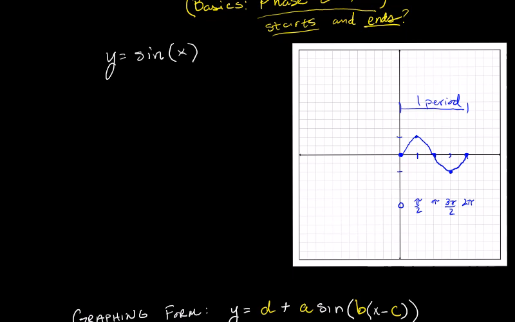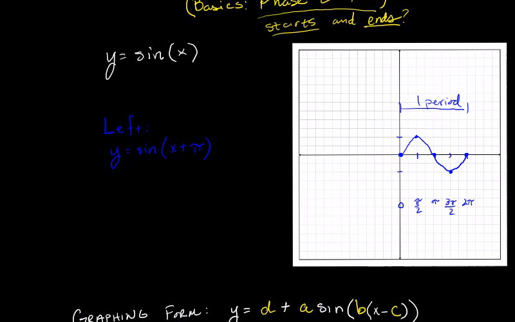So what we're going to be doing, obviously, is shifting that left and right. And so just a couple things about that shifting. A shift to the left would look like this: y equals sine of, and then parentheses, x plus pi. Remember, when it's on the inside of the function, it's going to be kind of the reverse or opposite of what you see.